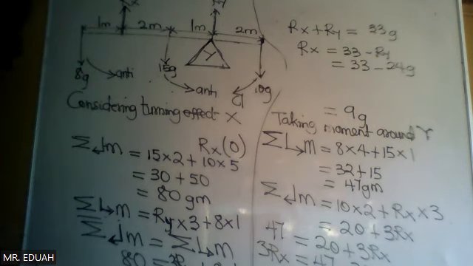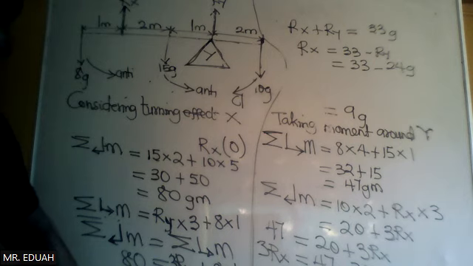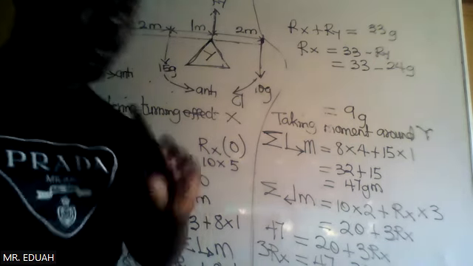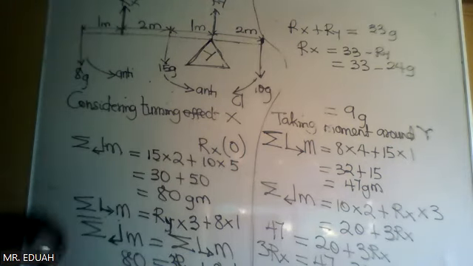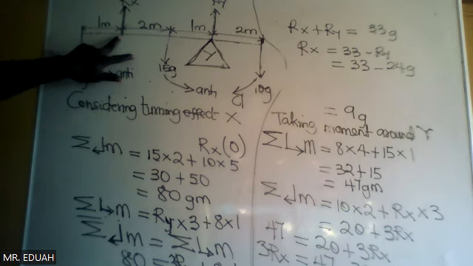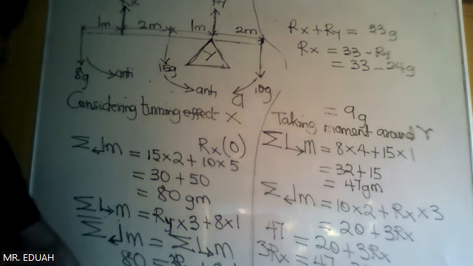But if you do that, you may not know whether your values Ry and Rx are correct or wrong. The best way out is that you took the moment around X initially to get Ry.